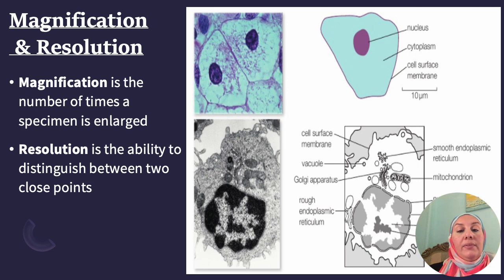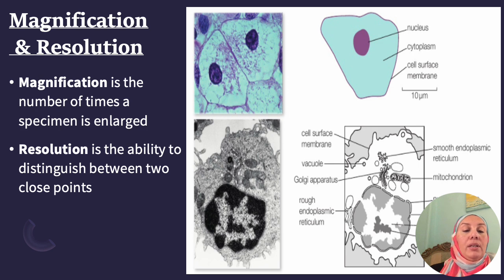So the magnification here is not obvious. These are two images produced from two different microscopes. But here you can note that the only structures visible in the first cell over here are the cell membrane, the cytoplasm, and the nucleus. These are the only three structures visible in the first cell.